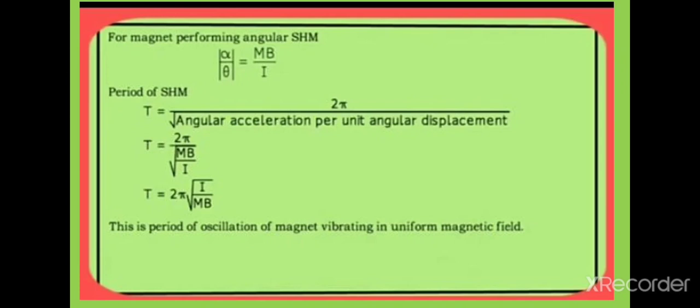That means in the above equation, alpha divided by theta is the angular acceleration per unit angular displacement. Therefore, T is equal to 2 pi by square root of MB divided by I. Solving this equation, we get T is equal to 2 pi under root I divided by MB. This is the period of oscillation of a magnet vibrating in a uniform magnetic field.